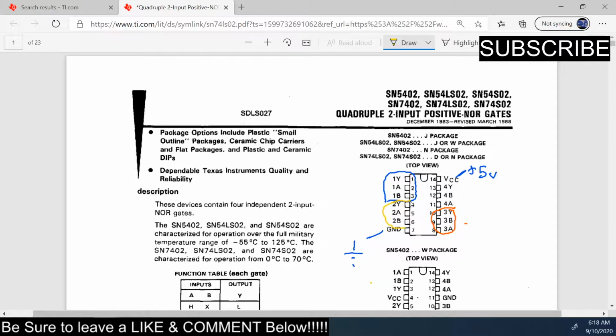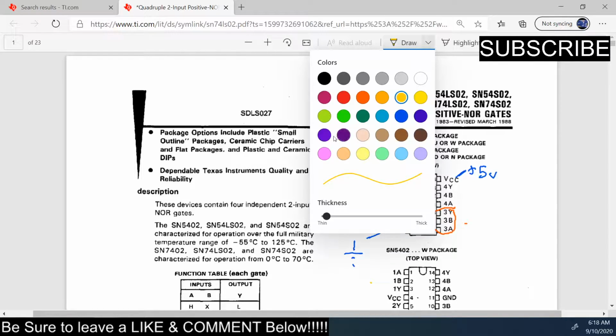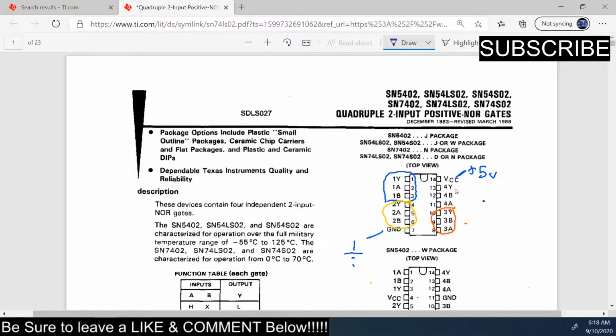So then you have these 3, and you have these 3. So these 2 would be your inputs, and this would be your output.